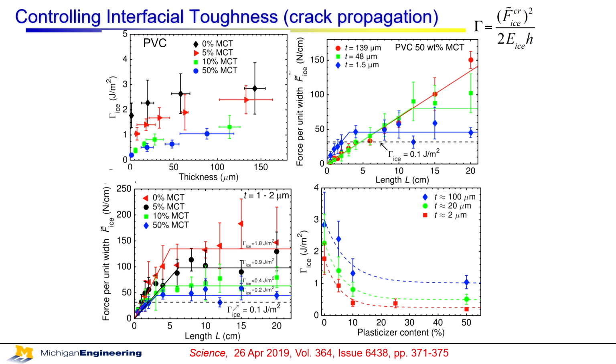As it turns out, one of the best ways of predicting the energy required for that crack propagation is this idea of an interfacial toughness. And we show how you can vary, let's say, the material's thickness, its hardness, the amount of oil content, to be able to get very, very low interfacial toughness materials, meaning that you have very, very low forces required to detach large pieces of ice and snow.